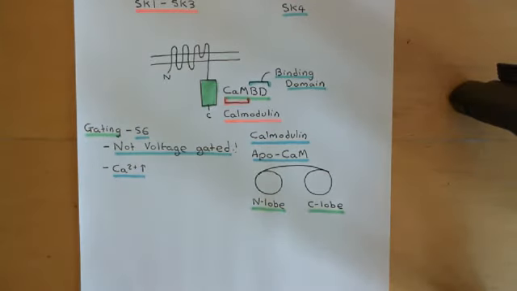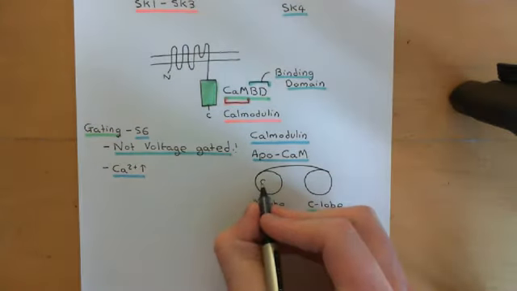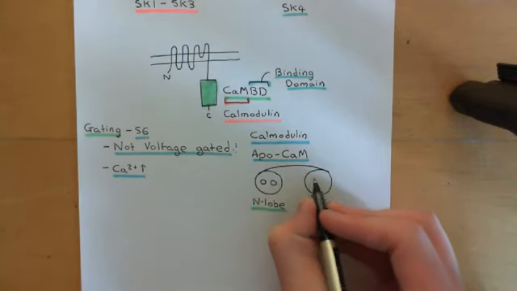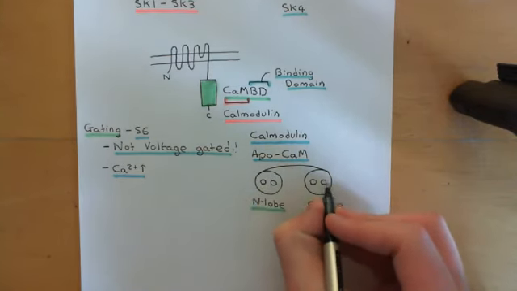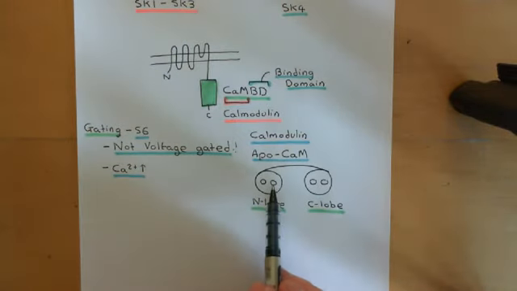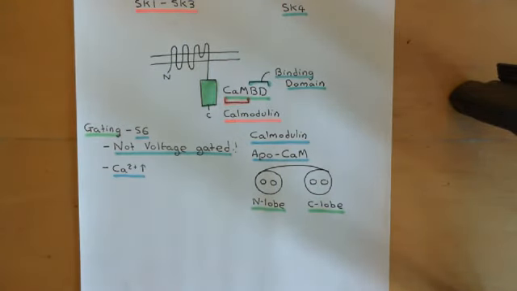Each of the lobes of calmodulin has two binding sites for calcium. Here are the two calcium binding sites of the N lobe, and here are the two calcium binding sites of the C lobe. So overall, each calmodulin molecule has 4 calcium binding sites. Now, when calcium is at the low level, the 100 nanomolar in the cytoplasm of the cell, all 4 of these calcium binding sites of the calmodulin are empty. There's no calcium in any of those 4 binding sites.